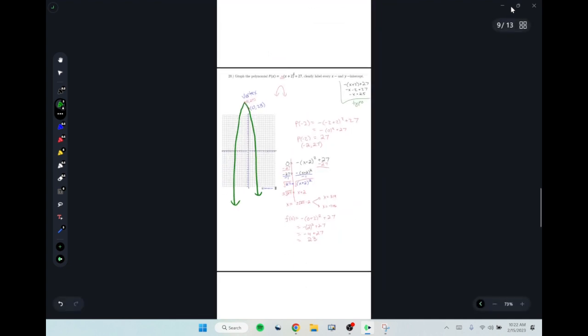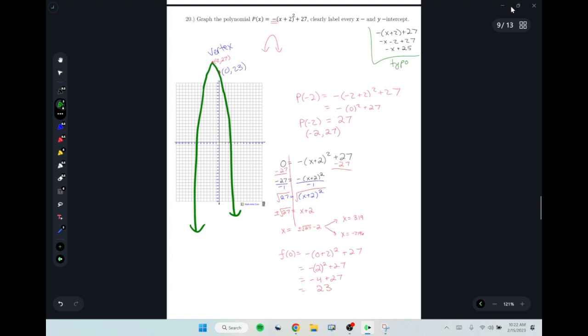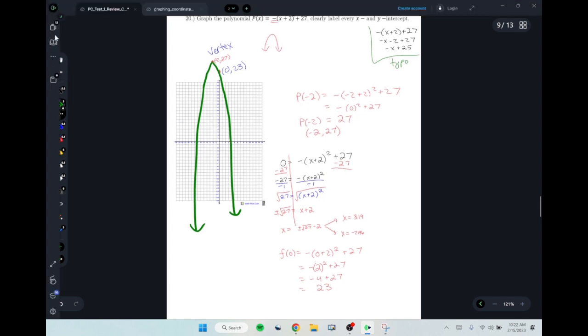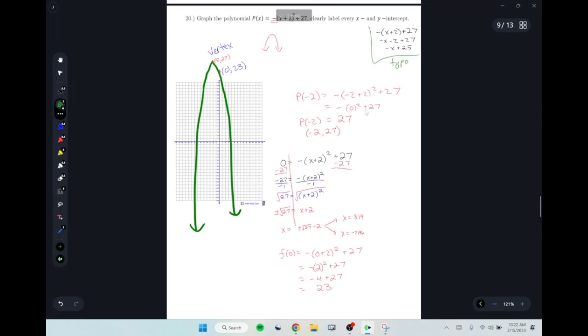Question. First, just to go over what you did: you used the -2 because it seemed like a potential zero, which gave you -2, 27, which is the vertex. That was the green. Green was the vertex.